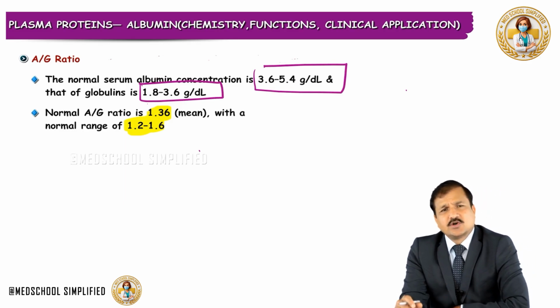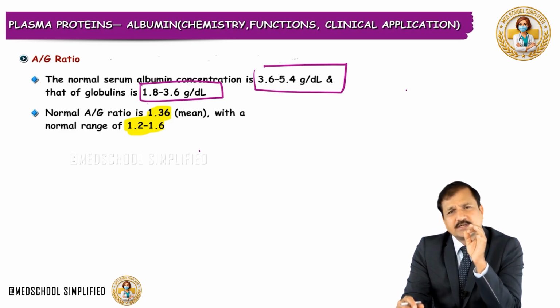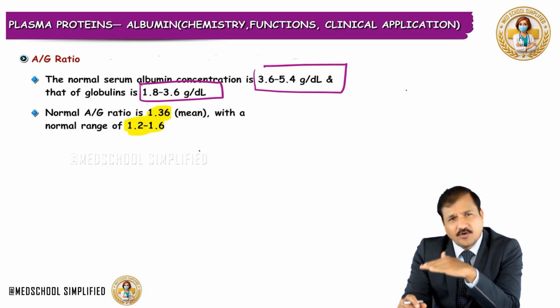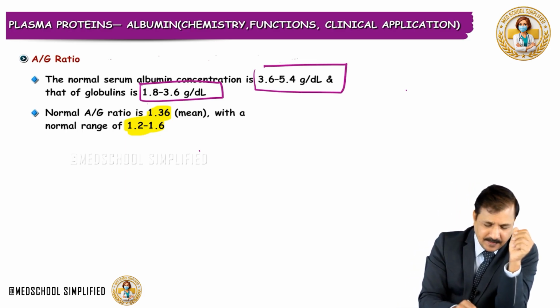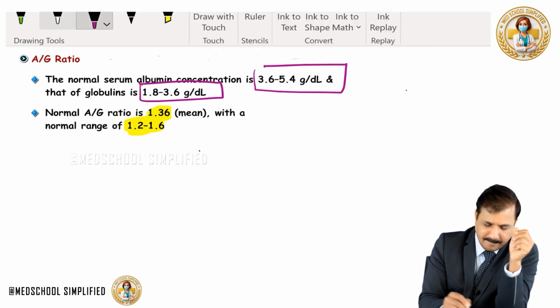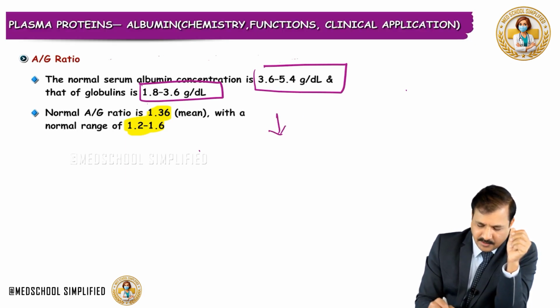This ratio will be lowered in various conditions. Whenever serum albumin concentration falls, it is referred to as hypoalbuminemia, a decrease in albumin.